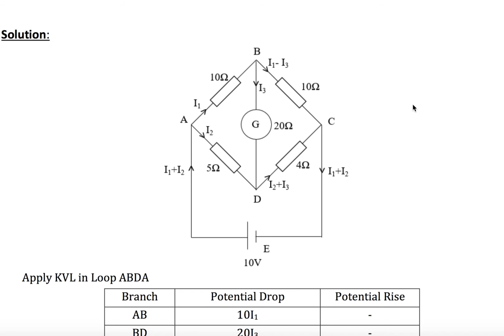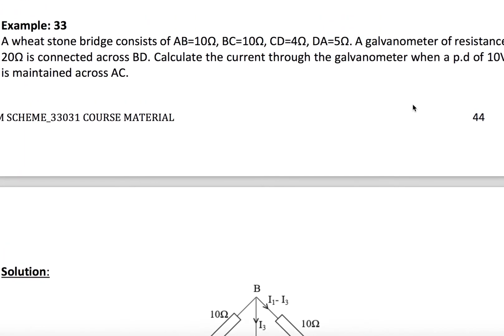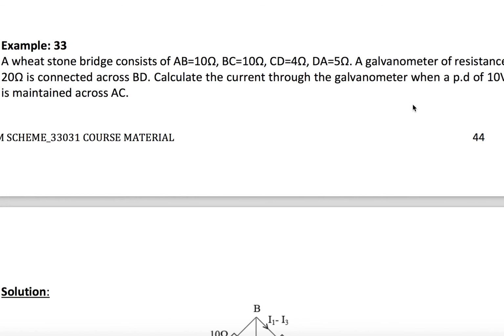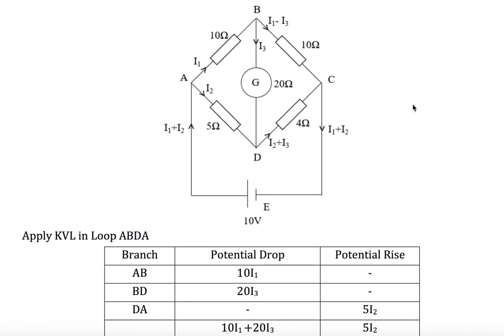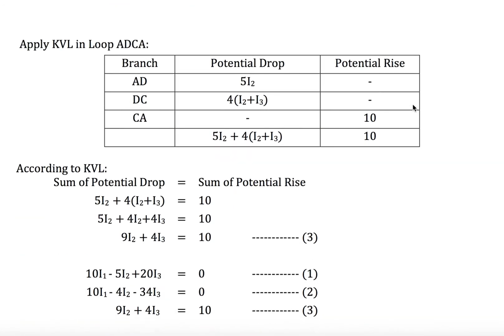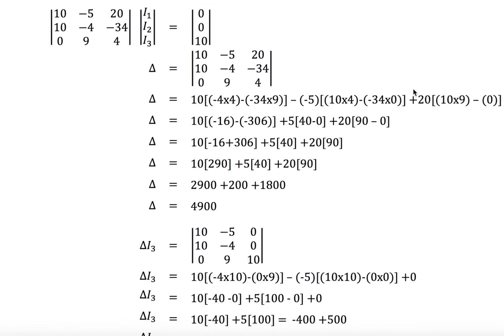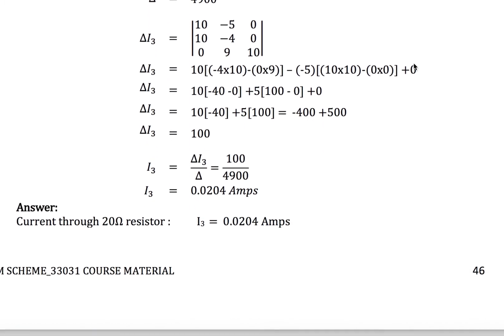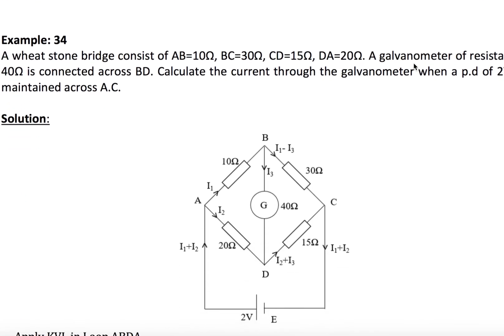Let's take ADCA as usual. So 5 into I2 plus 4 into I2 plus I3 minus 10 equal to 0. Okay, if you solve these three equations, you can get any current. So what you need to find? I3, current flowing through the galvanometer, that is delta 3 upon delta.